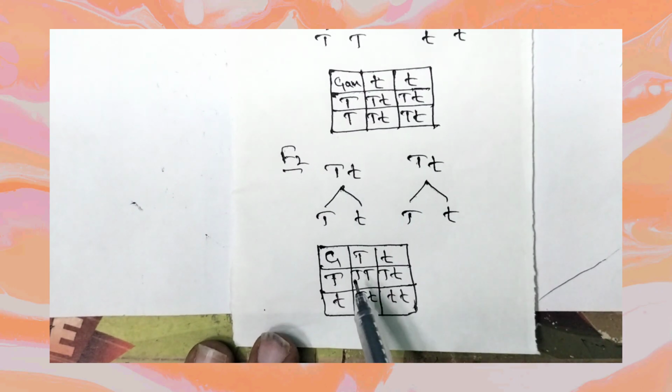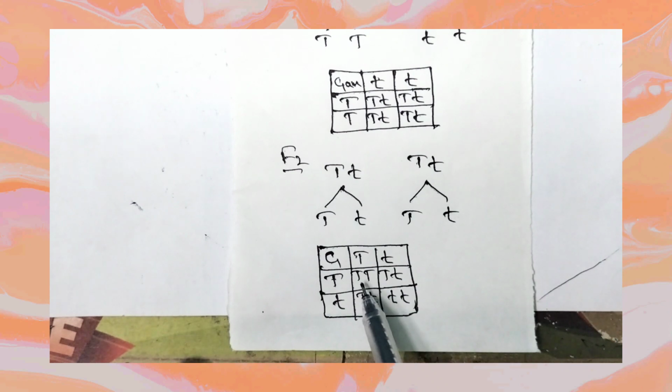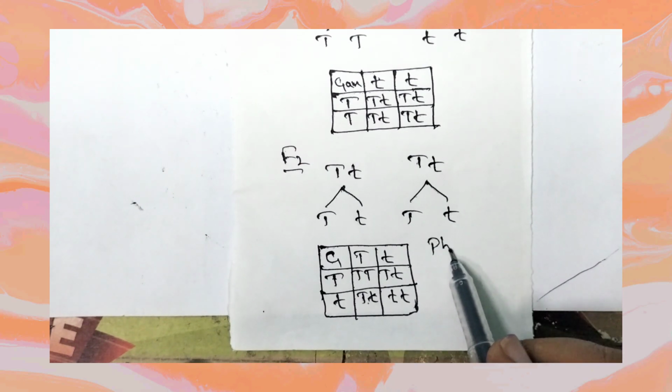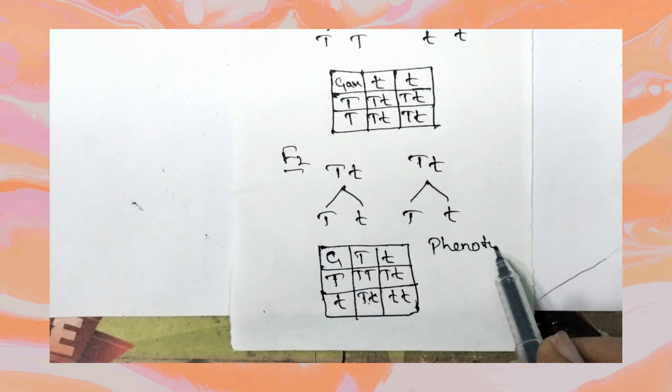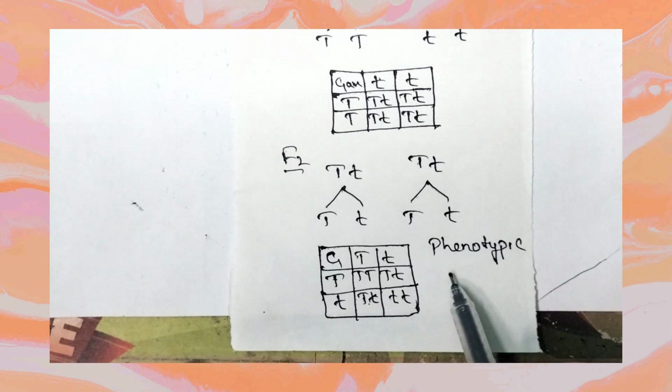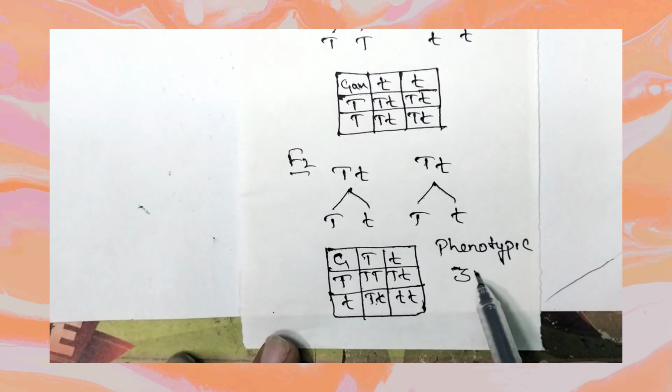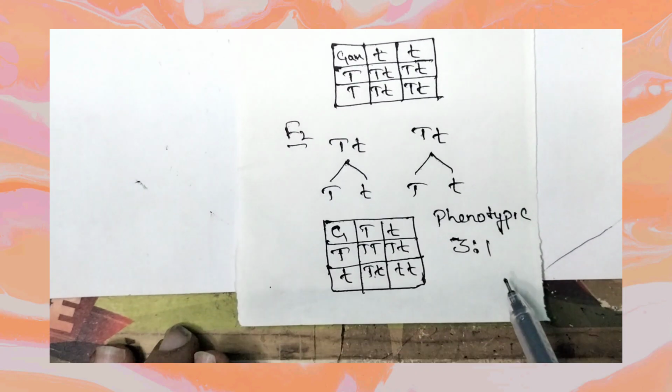So in F2 generation, 75% plants are tall and 25% are dwarf. In F2 generation, let us write down phenotypic ratio as well as genotypic ratio. Phenotypic 3:1. Next, let us write the genotypic ratio.